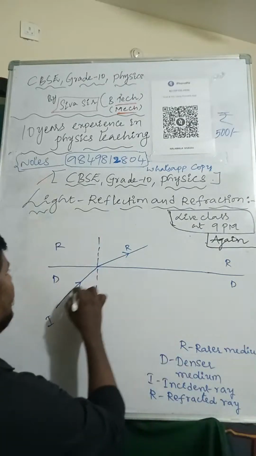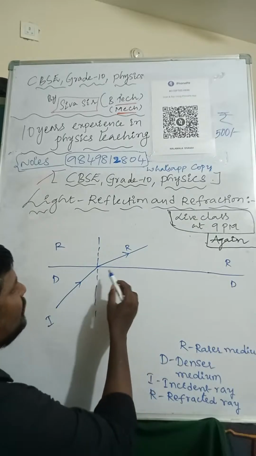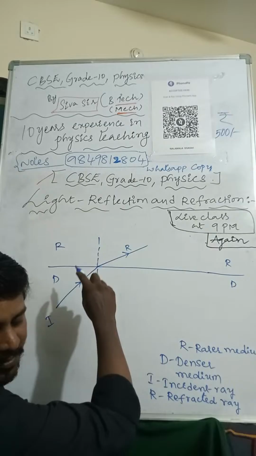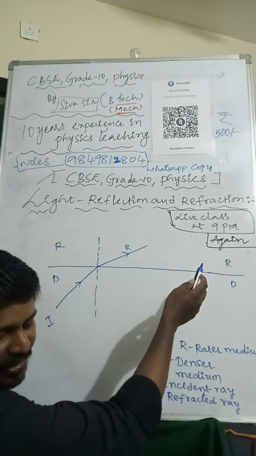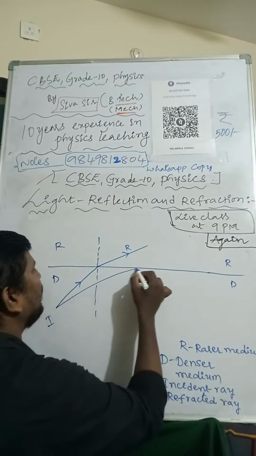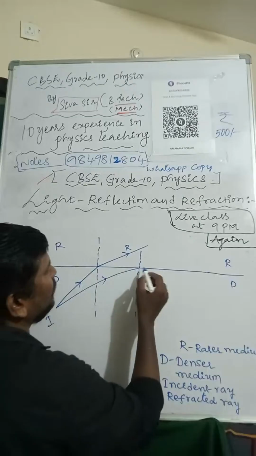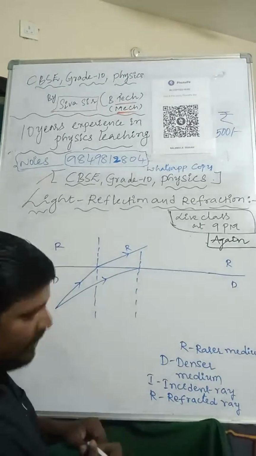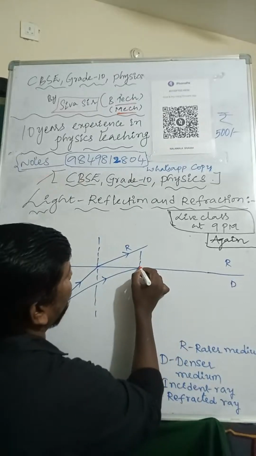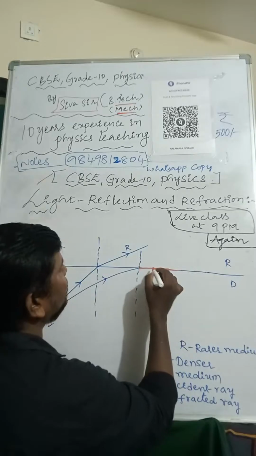Here you can see when the light ray is moving from denser to rarer, it moves away from the normal line. Here in the refracted ray, light passes along the surface. So this is a refracted ray.